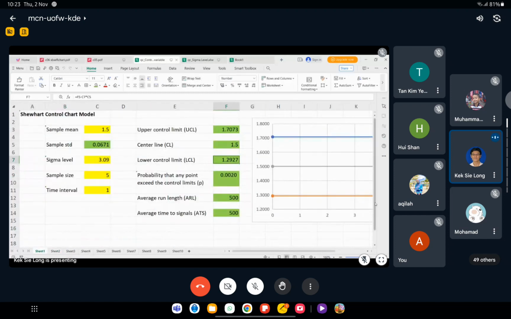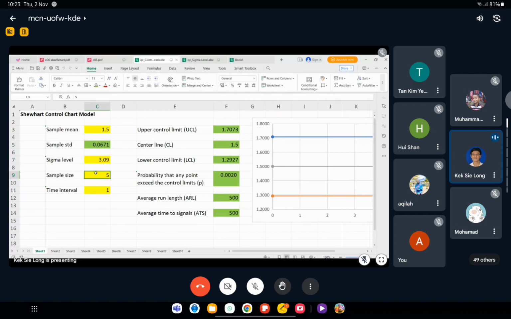Before we plot the control chart, I would like to discuss certain calculations with you. How to calculate the sample mean? How to calculate the sample standard deviation? How to get the sigma level?